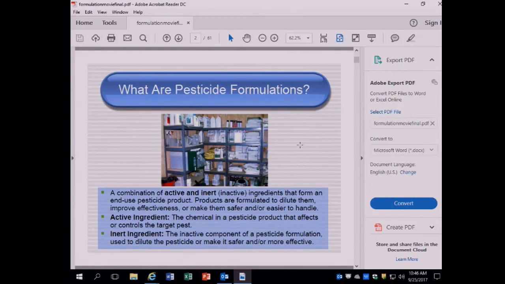So in 100 pounds of fertilizer, you'd have 5 pounds of nitrogen, 10 pounds of phosphorus, and 10 pounds of potash. So we're looking at only 25 pounds of actual nutrient in 100 pounds. That other 75 pounds in that 100 pounds of fertilizer would be what we call inert ingredients or carrier. It's filler.